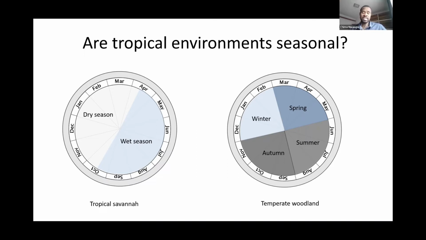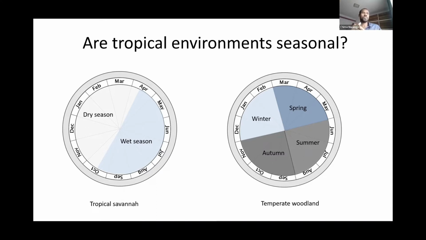But we know clearly that in some tropical systems, like in the savanna, we have a clear dry season and a clear wet season. In central Nigeria specifically, and some other parts of Africa, we are likely to have about 6 months without rainfall completely.